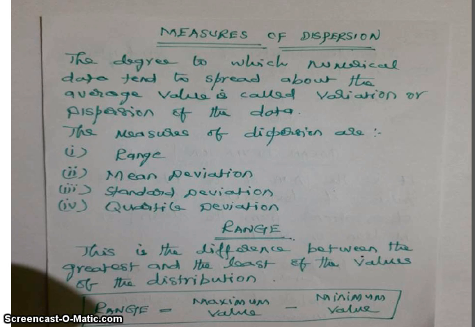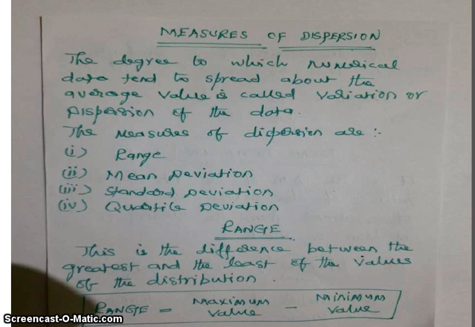Through measures of dispersion, we are going to find out the degree to which the numerical data tend to spread about the average value. That means how much the data is deviated from the central value of the data set. That is what we mean by measures of dispersion.